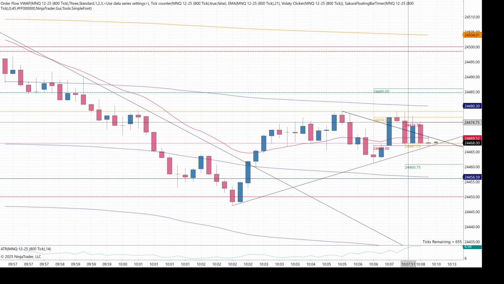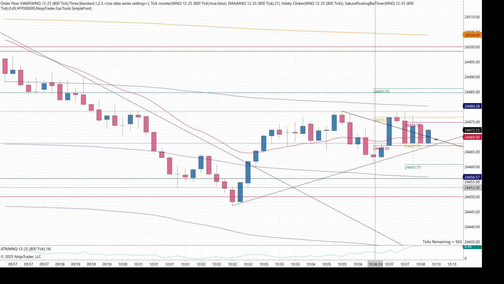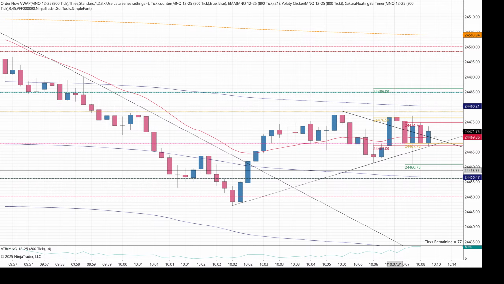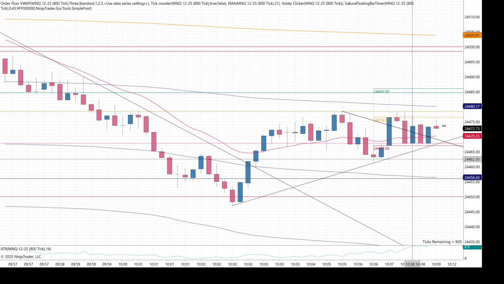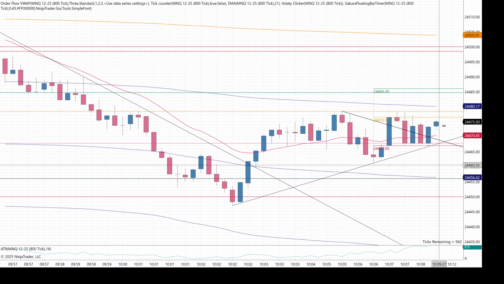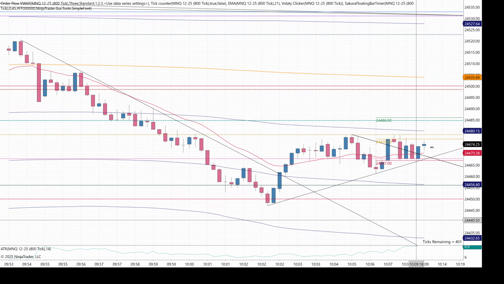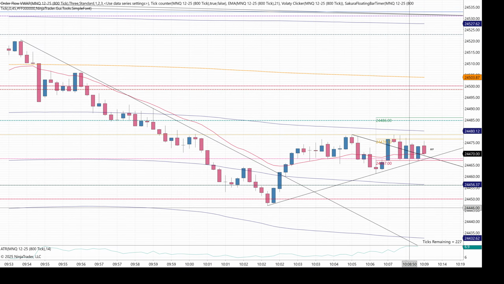Okay, so we have a trigger lower and a trigger higher. We're kind of stuck in this range.